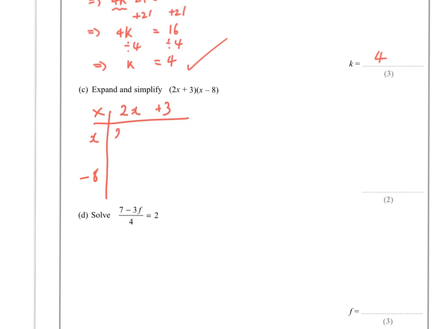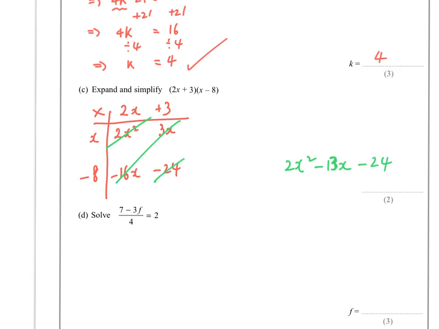So let's multiply these out. 2x squared, 3x, minus 16x, and then a minus times a plus, then minus 24. So we'd have 2x squared minus 16 and 3x, or 3x take away 16x is minus 13x, and then minus 24.